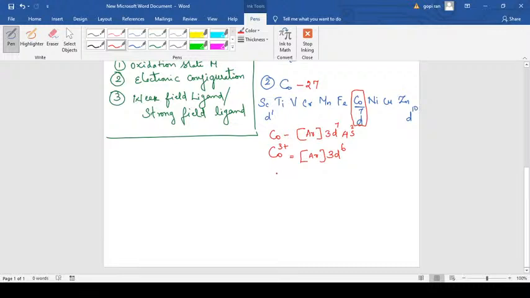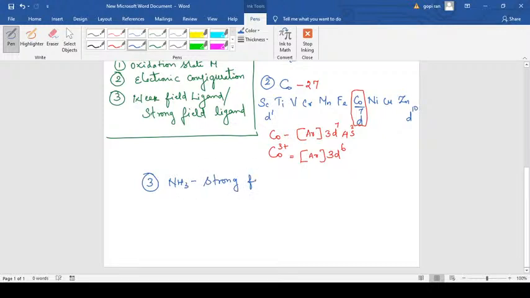Okay, this is over. And the third one is whether it is a weak field ligand or strong field ligand. We need to find that. Ammonia is a strong field ligand.